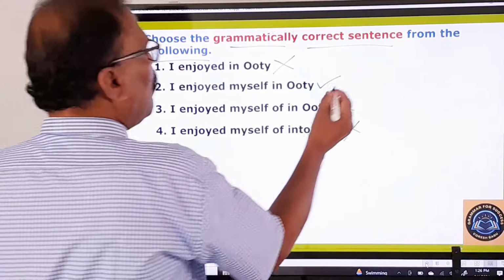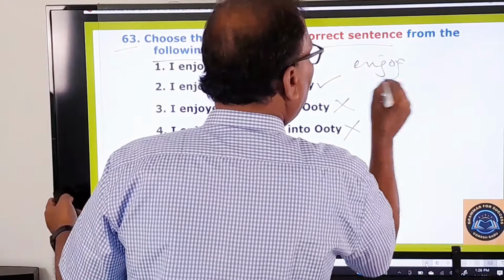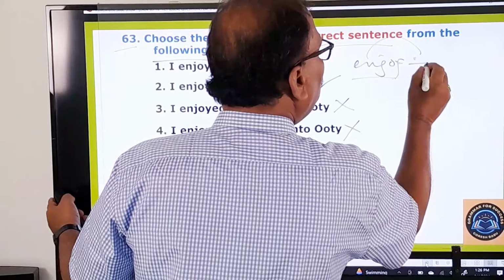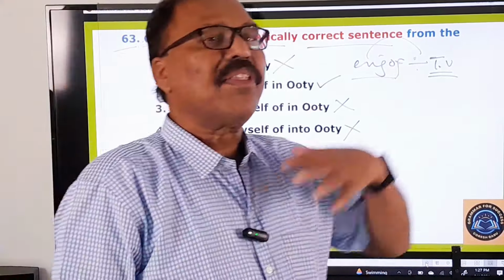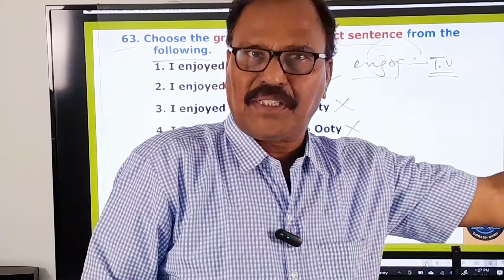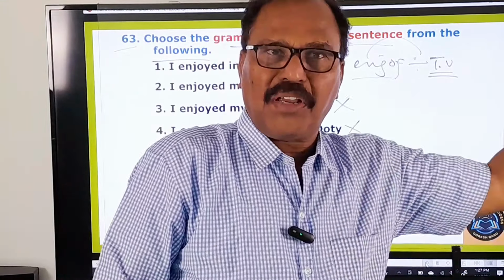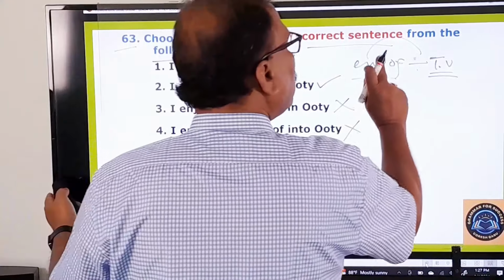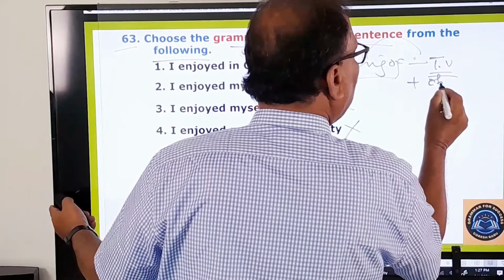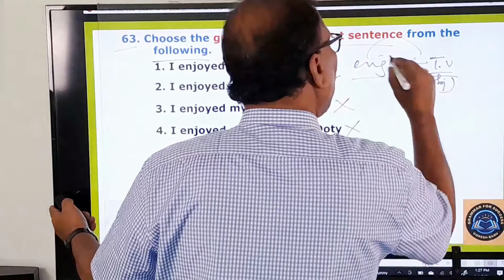So here, this verb "enjoy" is there. This is a transitive verb. What is this verb? Transitive verb. Transitive verb means what? A verb that takes an object after it. So here this always takes an object after it. Okay, this is the nature of this verb.